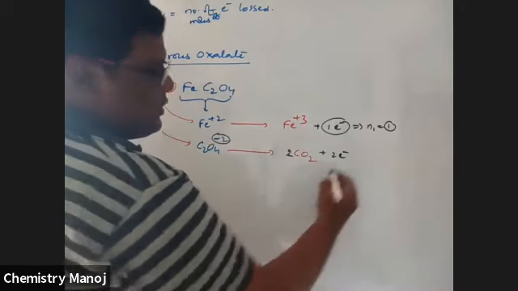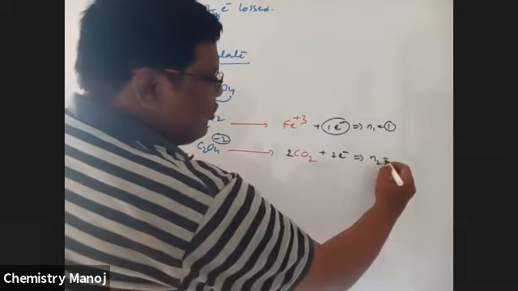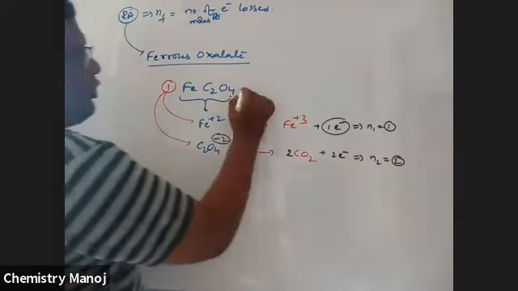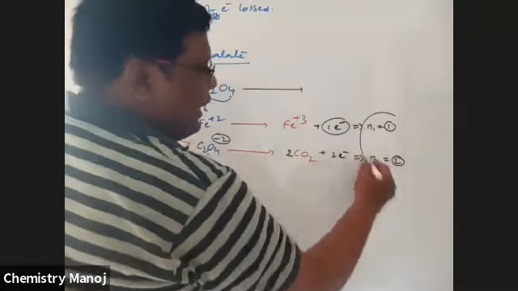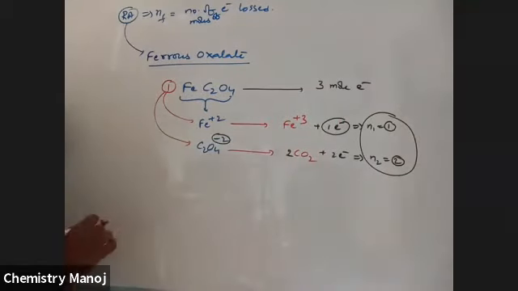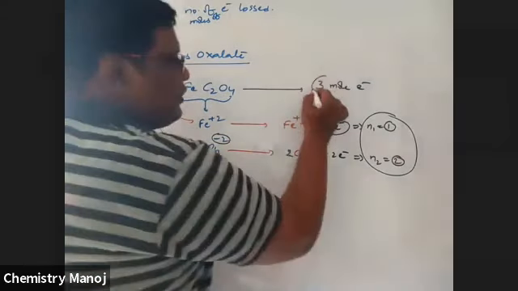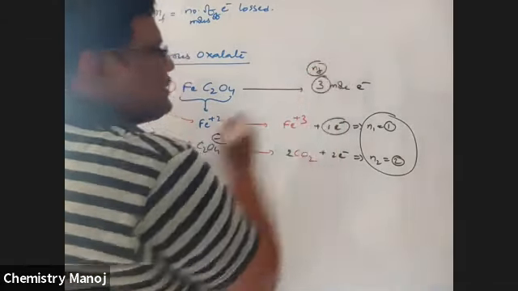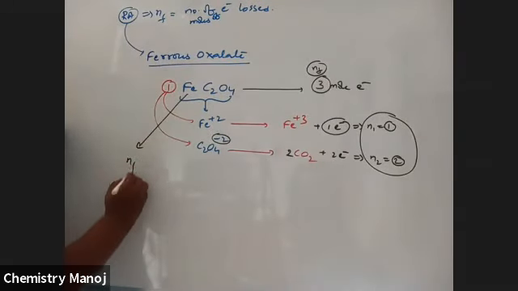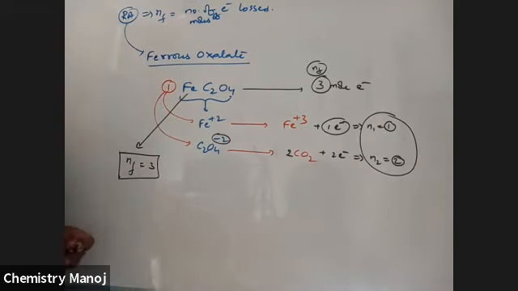So 2 electrons are lost. That's why in this case, n2 is equal to 2. Therefore, 1 mole FeC2O4 releases a total of 3 moles of electrons. Therefore, 3 is the n factor for FeC2O4.